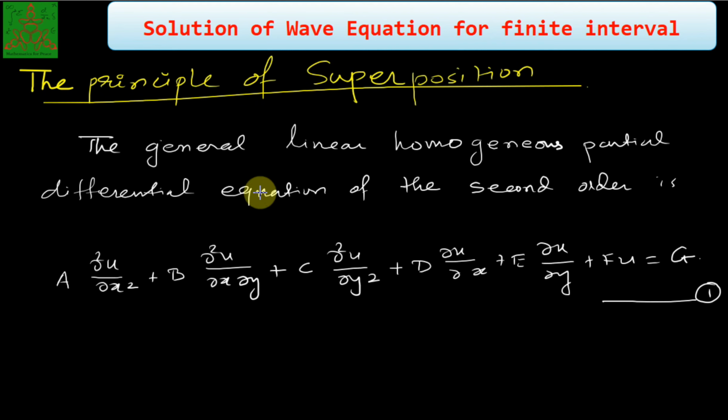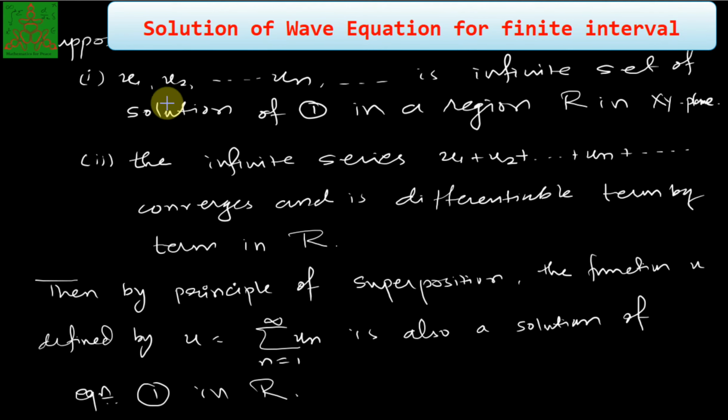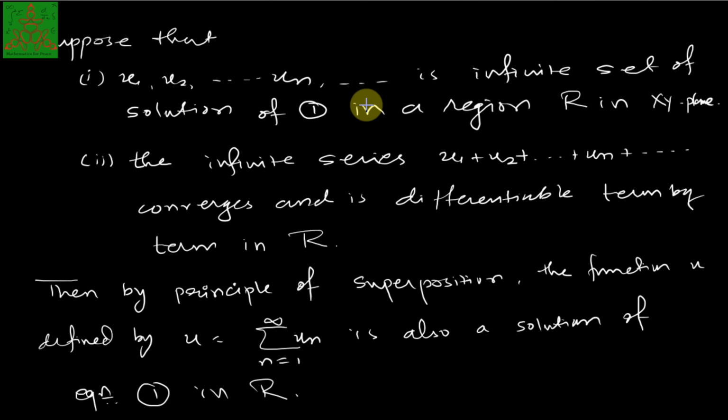If you consider a general homogeneous partial differential equation of the second order in this manner, and if u1, u2 up to un is a finite set of solutions of that partial differential equation in the region R, and if the series, that is the summation of un, is convergent, and not only convergent but term by term differentiation is possible in that series, then by the principle of superposition, u, which is the summation of un, is also a solution of equation 1.